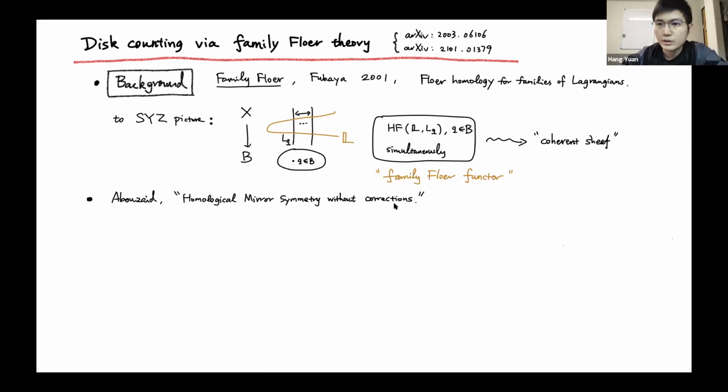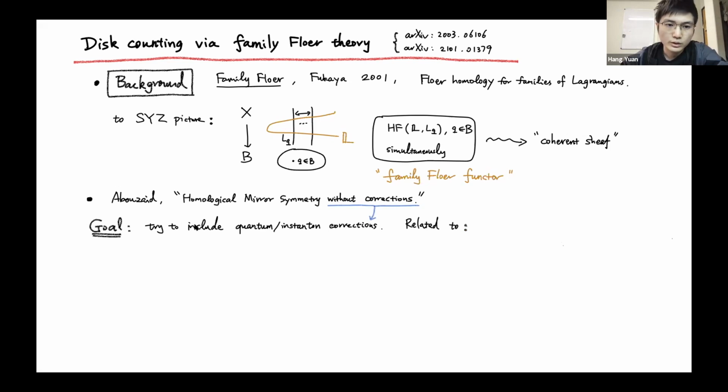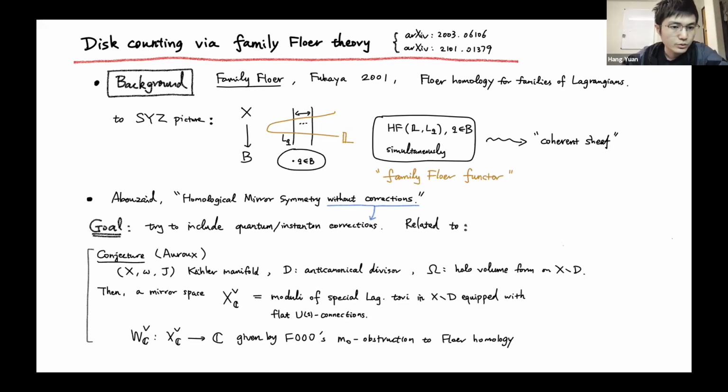A natural question to ask is, here we don't consider any quantum corrections, so what if we include quantum or instanton corrections? More specifically, this is related to a conjecture by Denis Auroux.